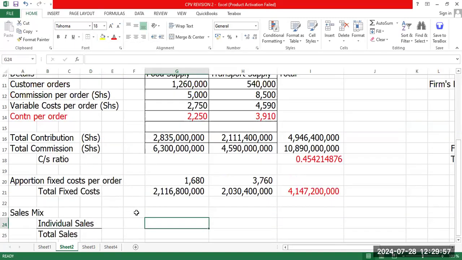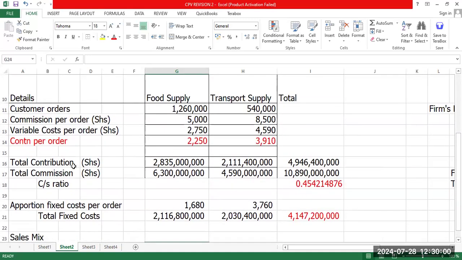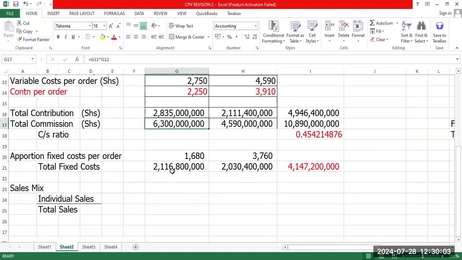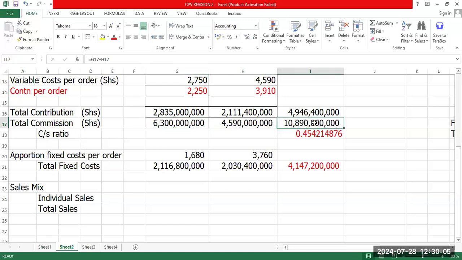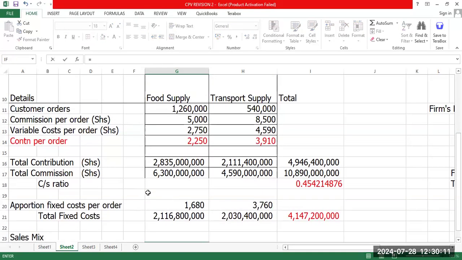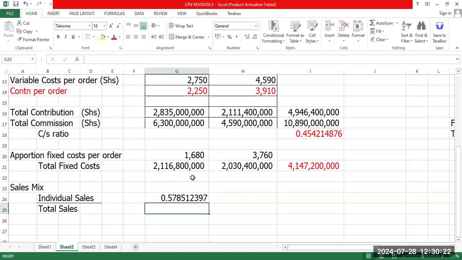So if you're looking at food supply, the individual commission is this one, then the total commission is this one. So you get the total commission for food supply, then divide by the overall total commission. For sales mix, you can use approximately 3 to 4 decimal points.